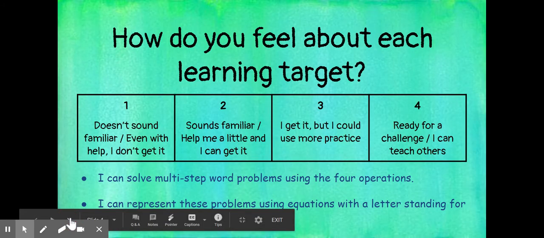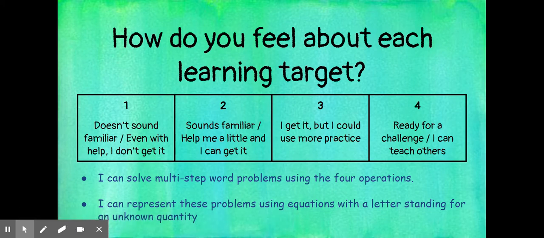What I'd like you to do now is consider how you feel about each of these learning targets. And what I mean by how you feel is where are you right now with them? On our very first day prior to the lesson, what's your comfort level?